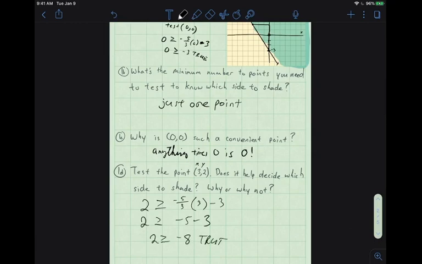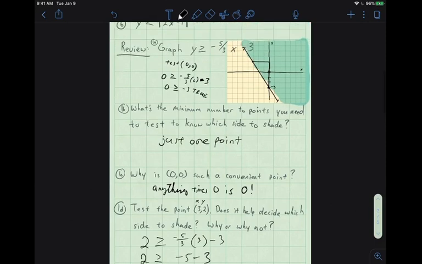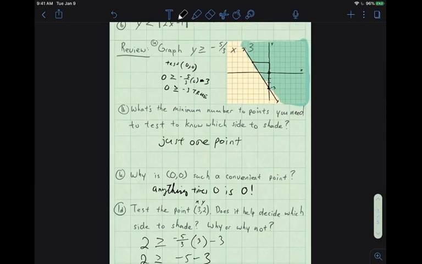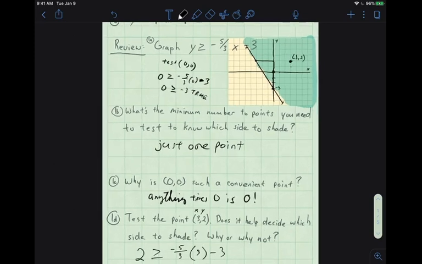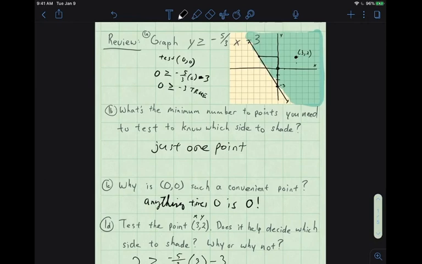True. So whichever point 3, 2 lies, this point, 3, 2, is also a solution. So that we've just confirmed which side of this line over here to shade.